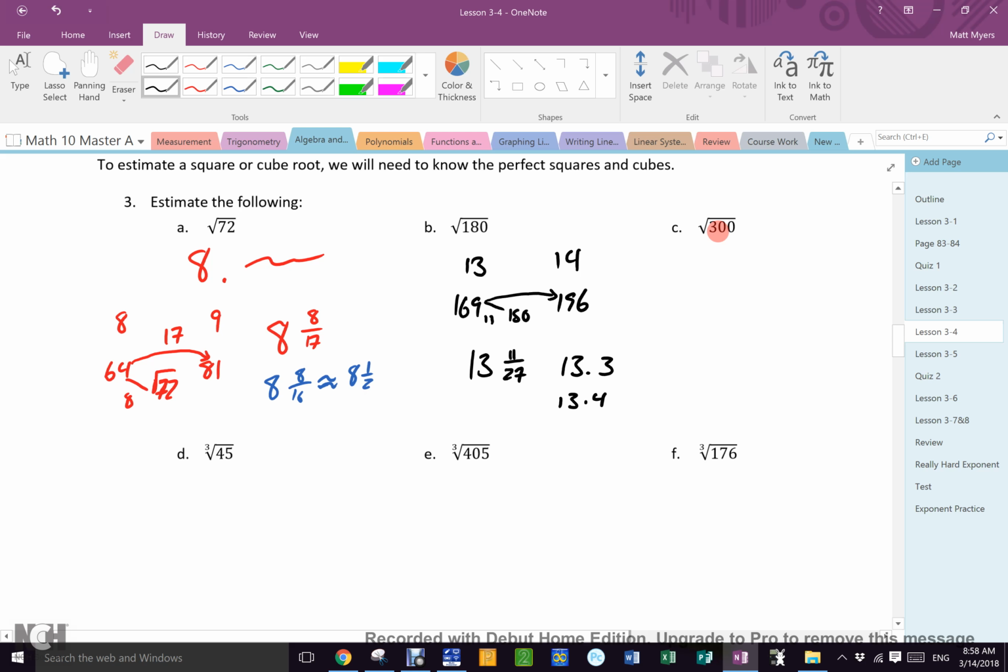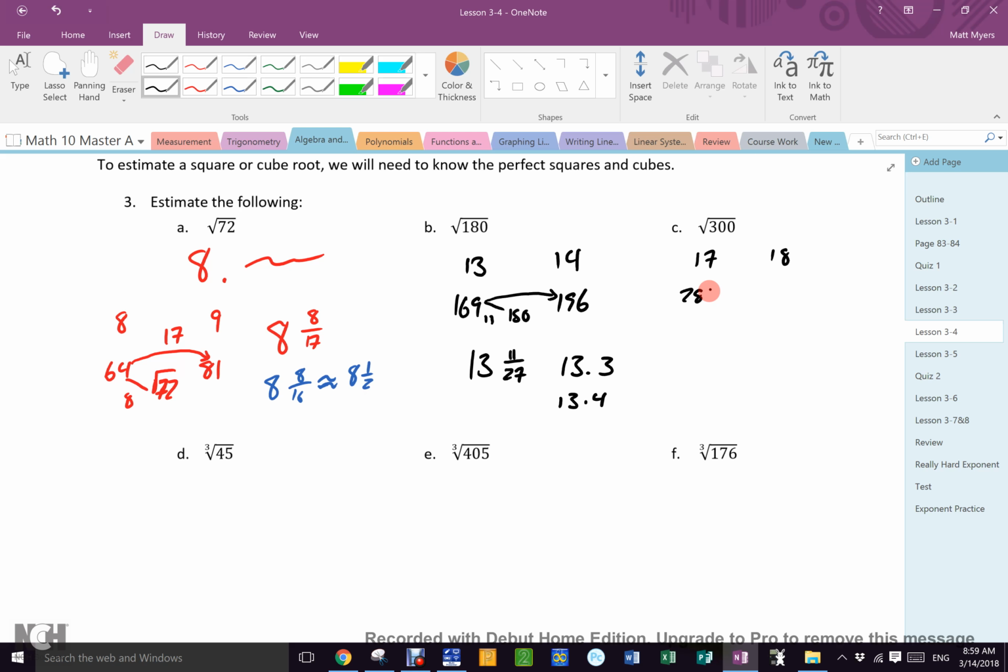The square root of 300. What's that? 17 and 18, yeah? 289, 324. That's 35, right? I went 11 of those. So it's 17 and 11 out of 35.